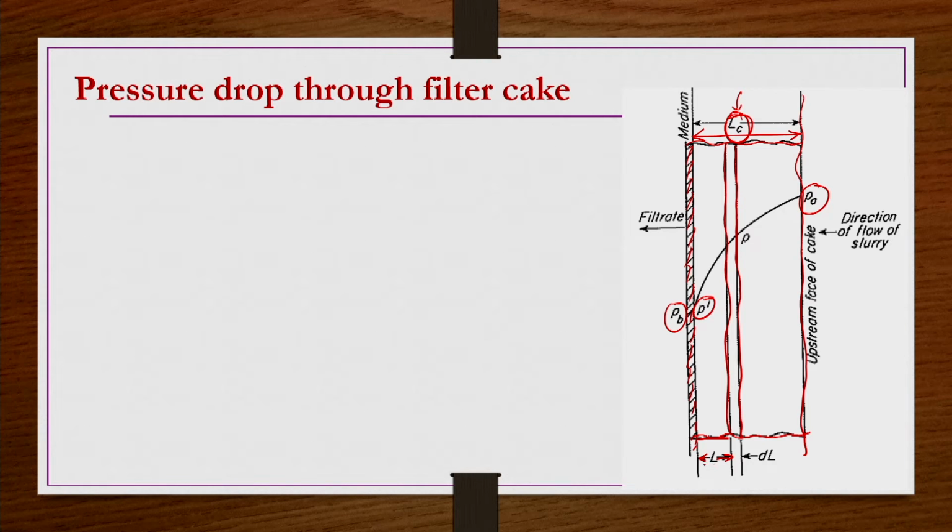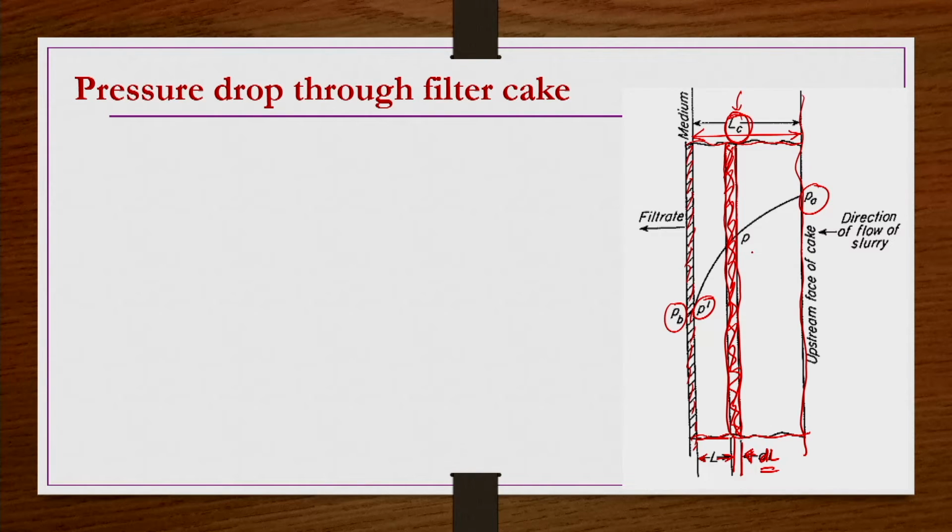So at location L within this cake you take a thin layer of the cake that has formed, a small layer whose thickness is dl.